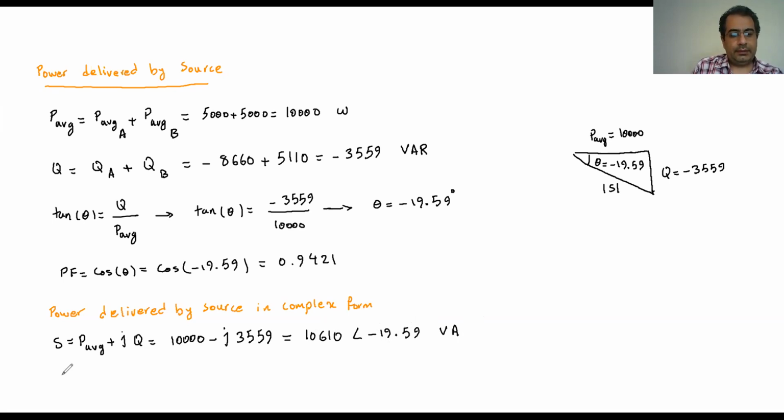Also, we know that S for the source is one half of the voltage at the source times I star, where I is the current going out of the source.